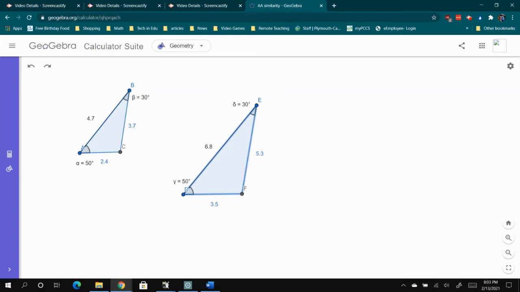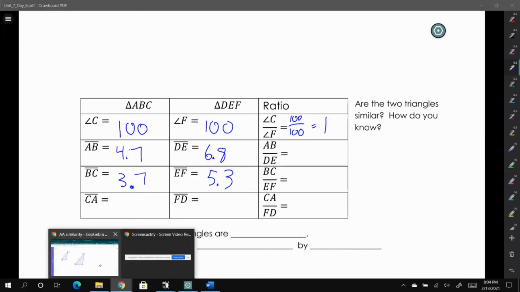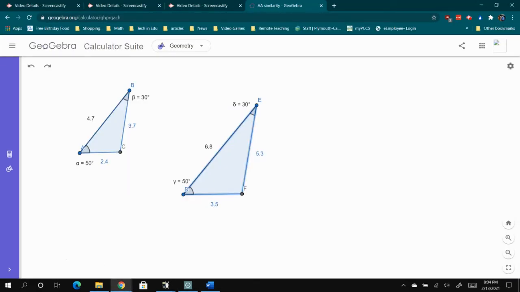EF is 5.3. So you may be asking, where did I get these lengths from? These lengths were just created when I made the two triangles with these angle measurements. What I did here was I just made two triangles where I had one angle that was 50 degrees and an angle that was 30 degrees.